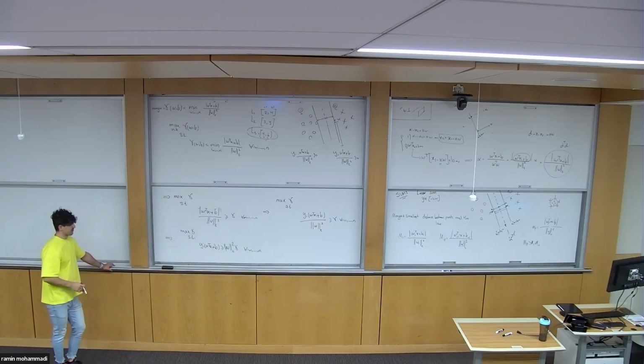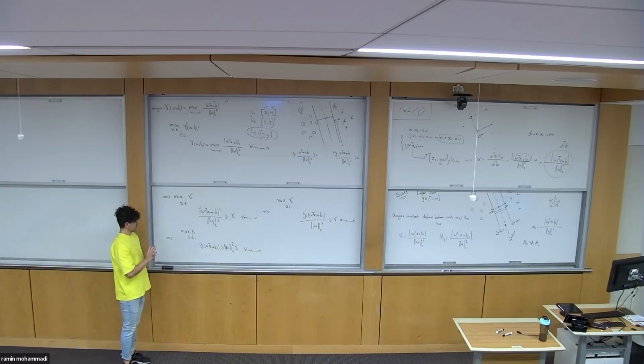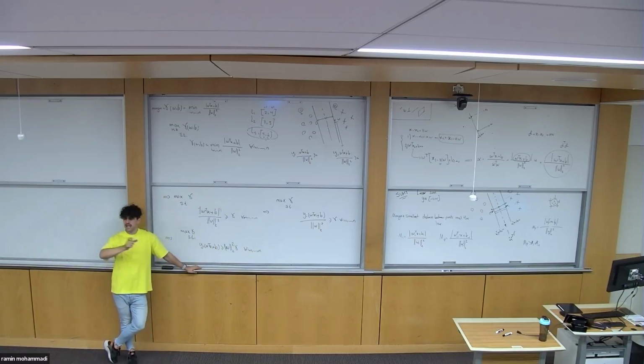So now yi W transpose xi plus b is the distance, the actual distance that we have, right?